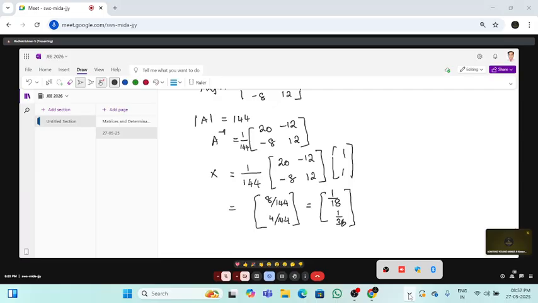2x plus 3y minus z equal to 9. x plus y plus z equal to 9.